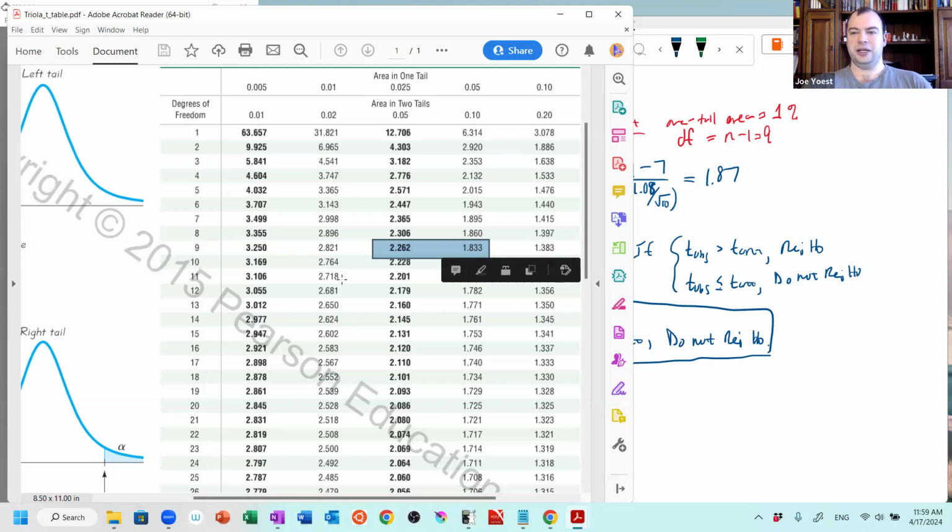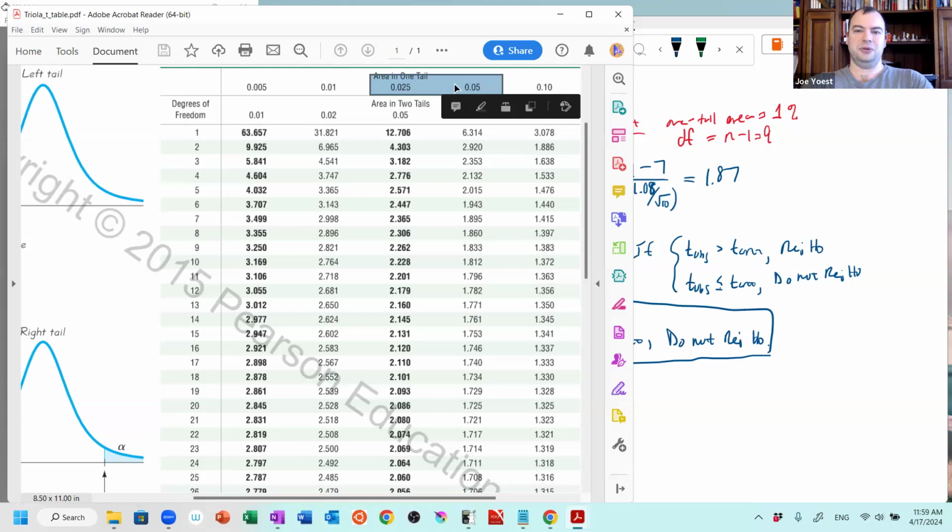In other words, that t observed is bigger than a t critical of 1.833, but not bigger than a t critical of 2.262. I would be able to reject against the 1.833, but not against the 2.262. In other words, I would be able to reject at the 5% level, but not the 2.5% level.